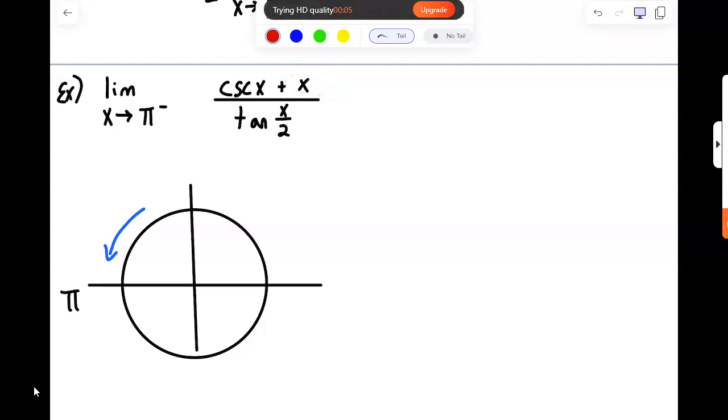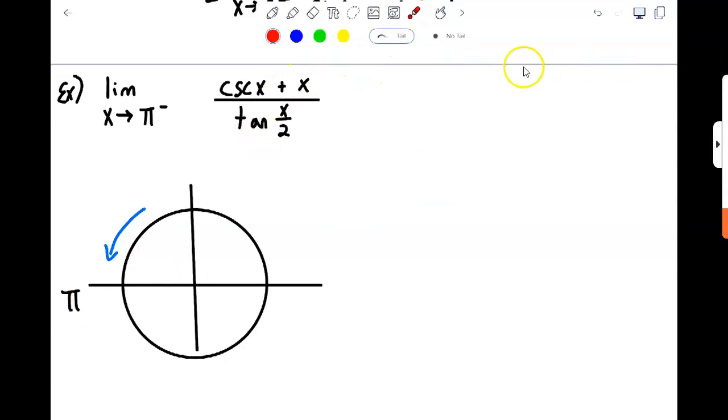In the bottom, though, our angle is x over 2. So that means as x approaches pi, that x over 2 is actually approaching pi over 2.